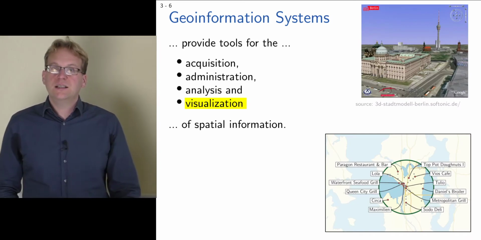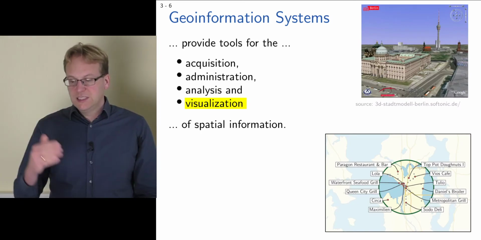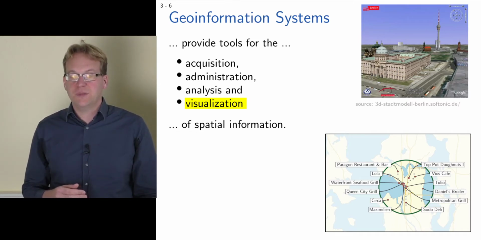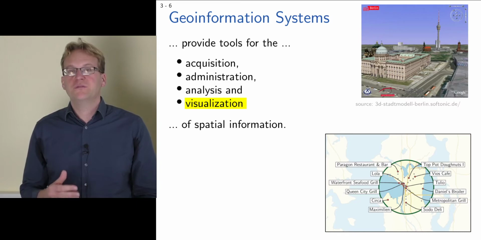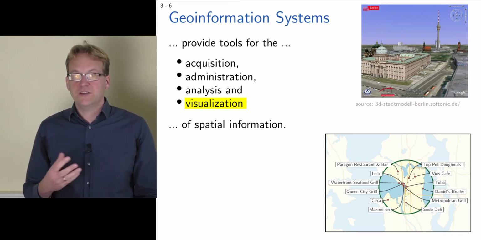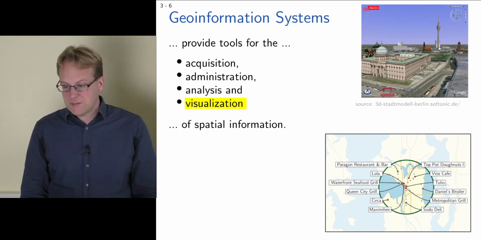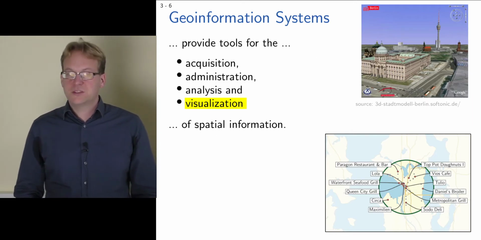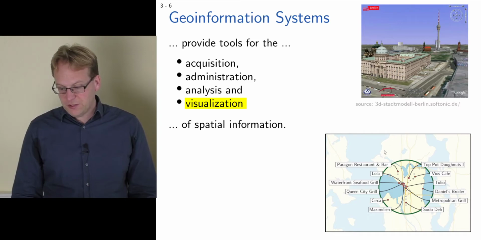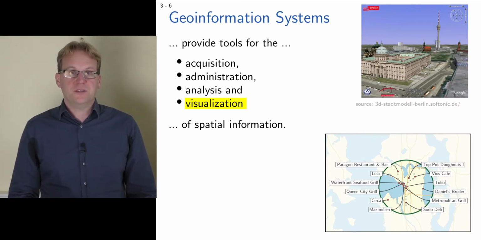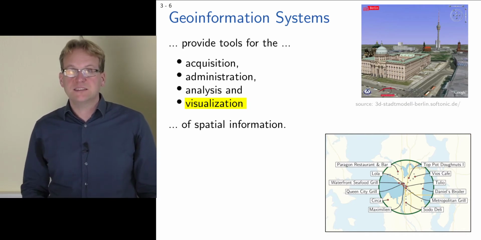In addition to analyzing spatial information, it is also important to visualize it so that humans can get an overview of the data and make use of it. This relates, for example, to three-dimensional visualizations in terms of these virtual city models, but also to interactive maps, for example, maps for mobile devices.